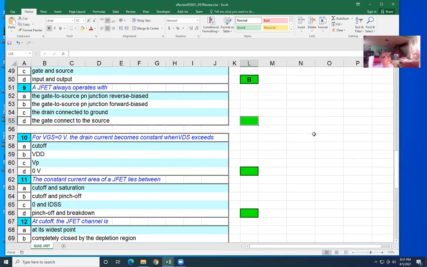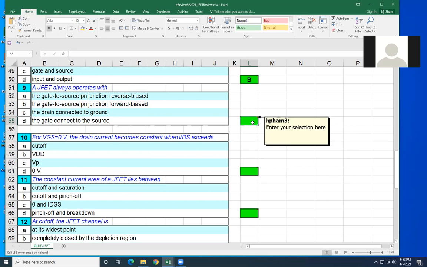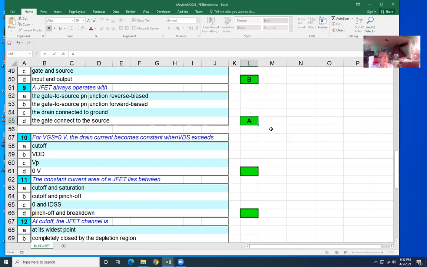Okay, and number 9, a JFET always operates with reverse bias. Same question as before. A, right? They are reverse biased.